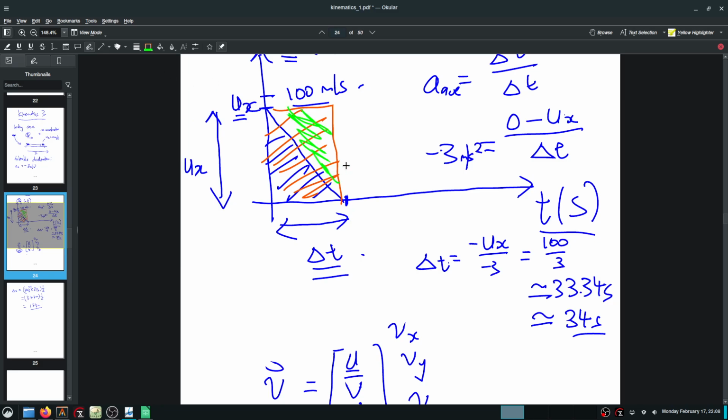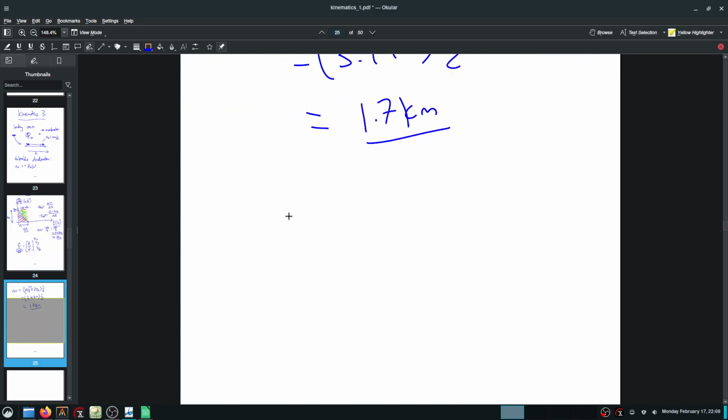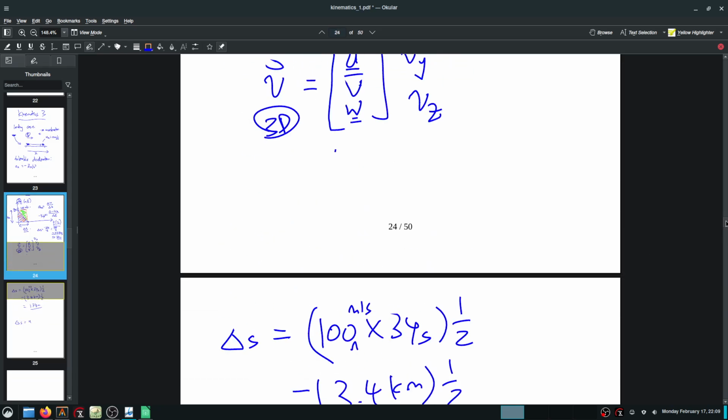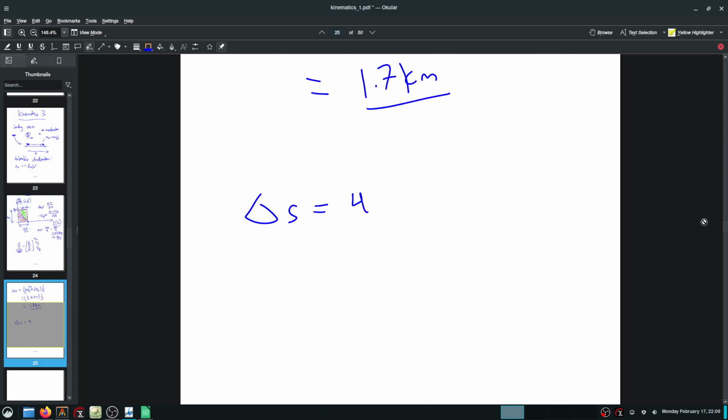I'll minus off this part, then I will get the blue colored triangle. So why am I doing this? I'm trying to derive a formula that you will actually see quite often. So delta s equals, what is this rectangle area? This rectangle area is Ux times t. So let's write Ux times t.